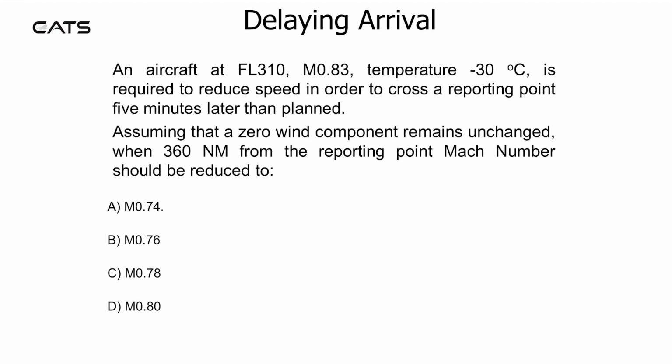This will also be a TAS of 450 knots since there was a zero wind component. Using the local speed of sound from earlier of 607 knots, calculate a Mach number of approximately 0.74.